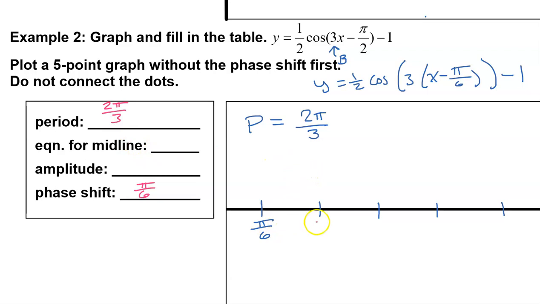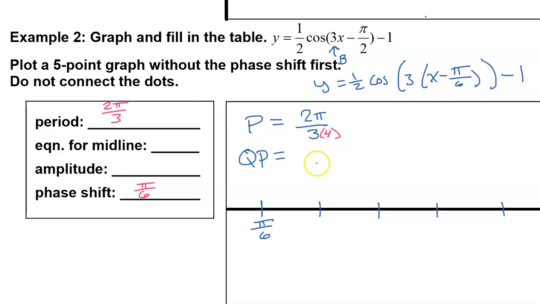But we need the quarter period in order to find the value of each one of these positions. So to find the quarter period, which I will call QP, we need to divide by 4, obviously. So if I divide by 4, I'm just putting a 4 in the denominator.